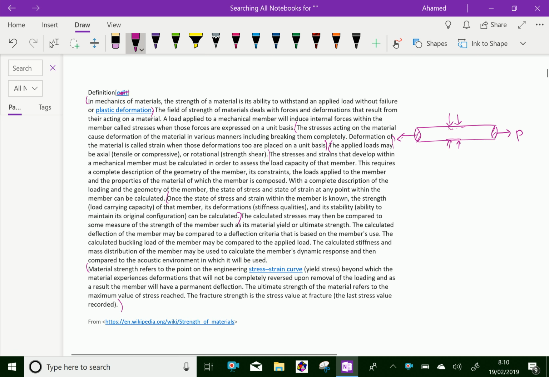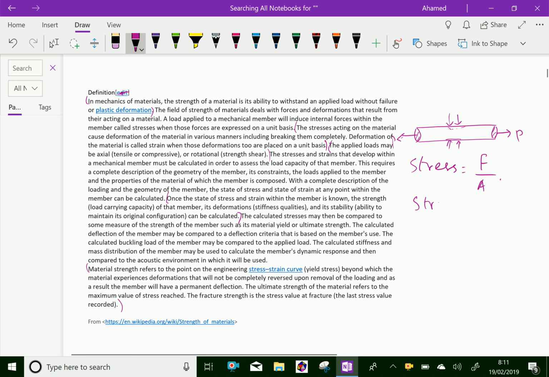Now suppose due to application of that load there is a small increase in the length within a particular limit of deformation. Then first we can say stress is the force, that is the force of pulling applied, divided by the cross-sectional area of the material.